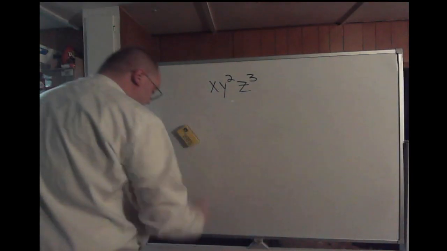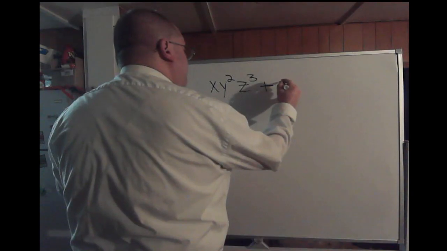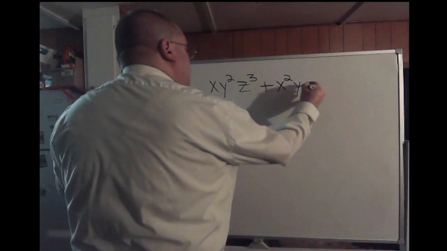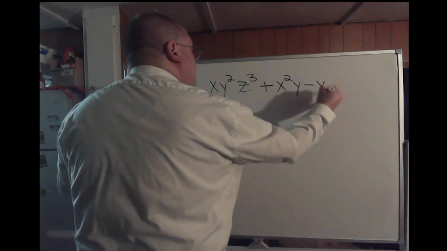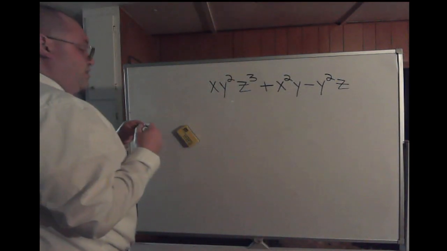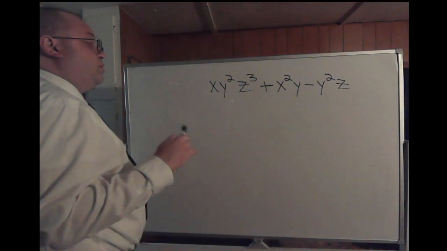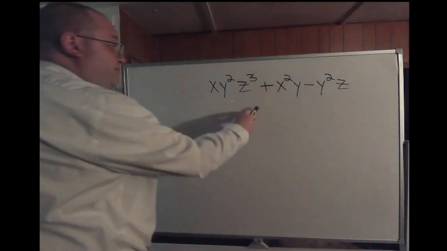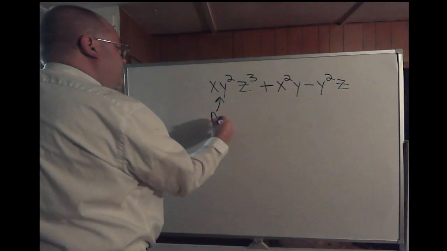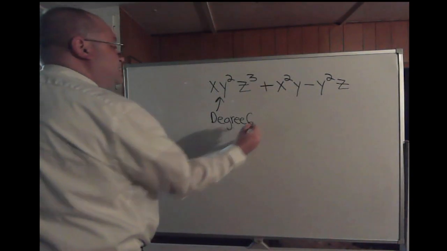Now, let's say I created a nice trinomial here. I want to find the degree of the entire trinomial. Well, let's take the degree of each term of the trinomial. We've already established this single term is degree 6.